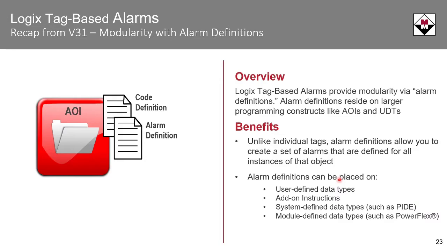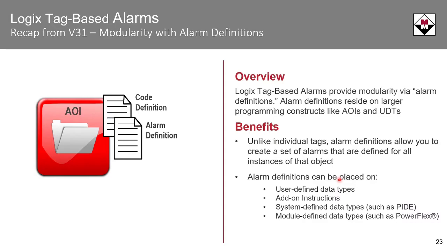You can tie alarm definitions to these three tags. Now, whenever you add that motor control add-on instruction into your logic for a motor, you will have those three alarms defined. You can decide on a case-by-case basis if you want to enable or disable any or all of those alarms.